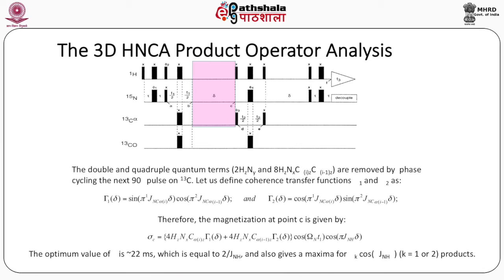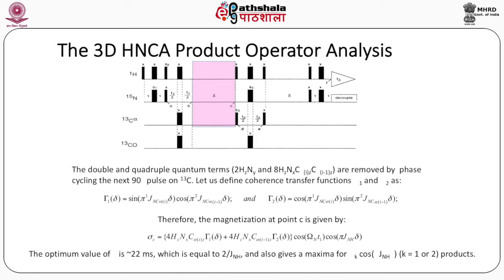We can define coherence transfer functions tau 1 and tau 2 as tau 1 delta equal to sin pi 1J N C alpha I delta multiplied by cos pi 2J N C alpha I minus 1 delta, and tau 2 delta equal to cos pi 1J N C alpha I delta multiplied with sin pi 2J N C alpha I minus 1 delta.